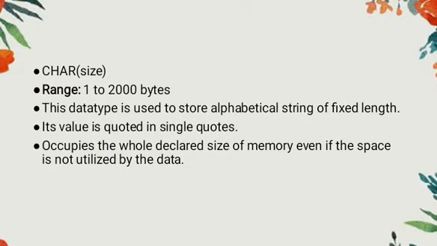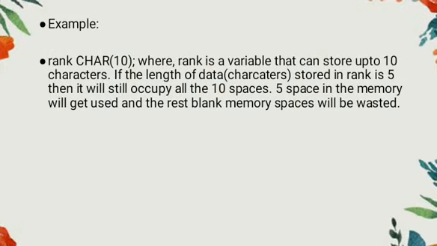Next, char, range 1 to 2000 bytes. This data type is used to store an alphabetical string of fixed length. Its value is quoted in single quotes, and it occupies the whole declared size of memory even if the space is not utilized by the data.